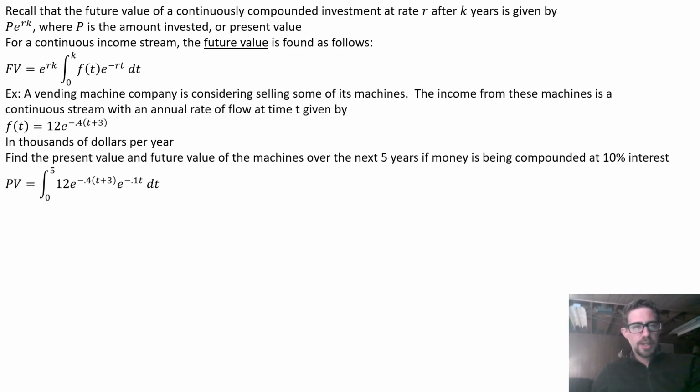Present value is the integral from 0 to 5 of our income stream, 12e to the negative 0.4 times (t plus 3), times e to the, it's not 10 in there, it's 0.1, so negative 0.1 t. Really, this is going to be kind of the same as the last one, just the numbers are a little uglier.